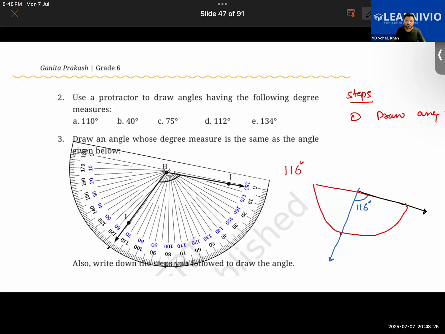Nafis, you show me. This is the angle that I drew. That's the angle you have drawn. Hold on. That does not look like 116 degrees.